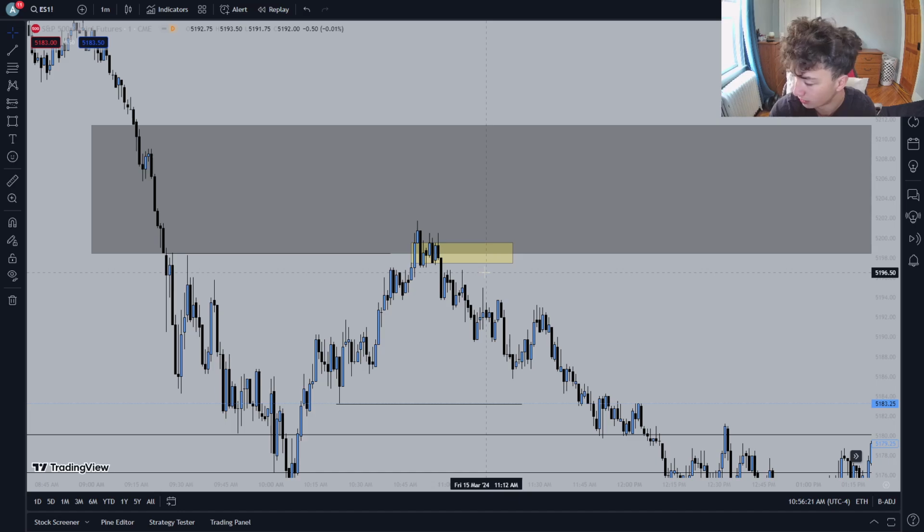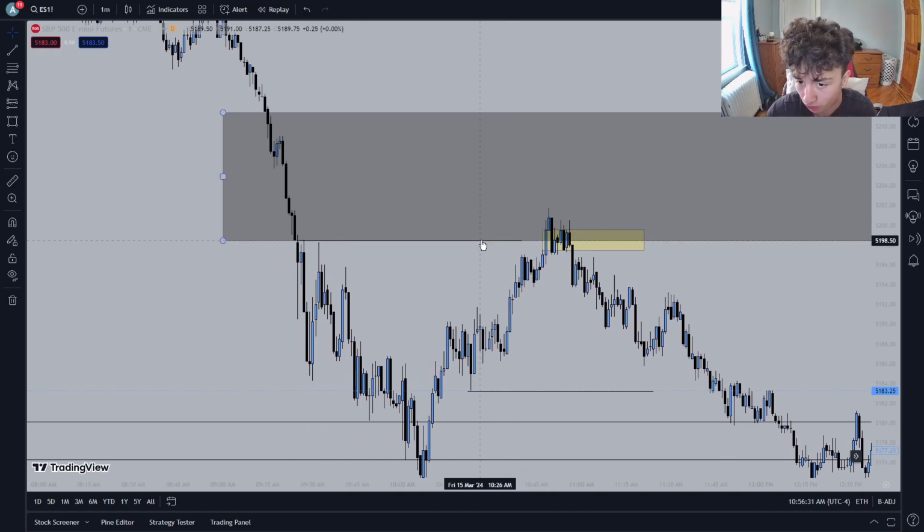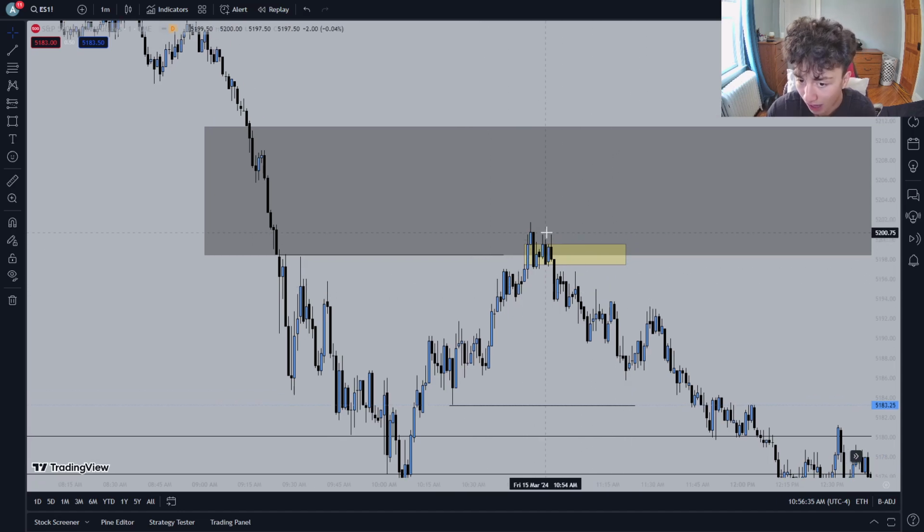Write this down. Listen, if it sweeps a liquidity, I don't care what time frame, but if it sweeps the draw of liquidity it's been looking for and then invalidates the opposing fair value gap, that is the exact pinnacle of a beautiful entry.